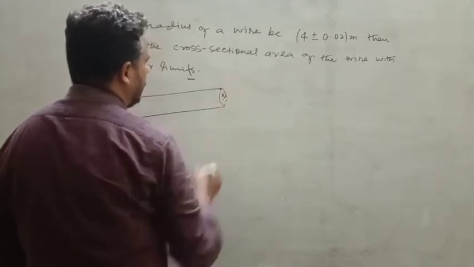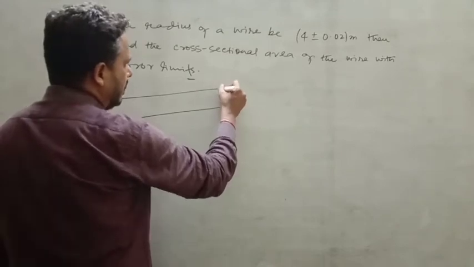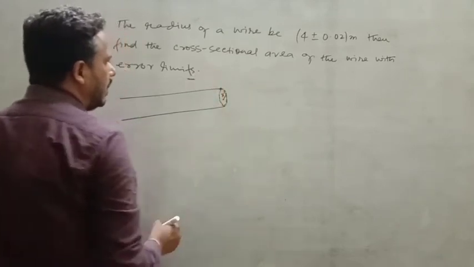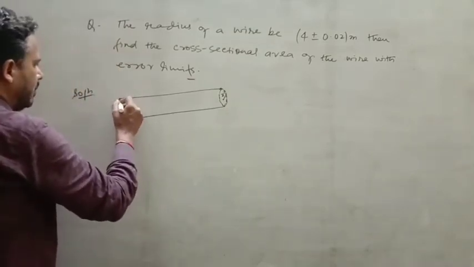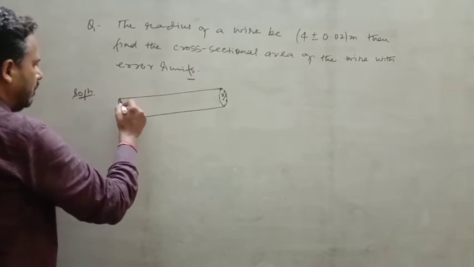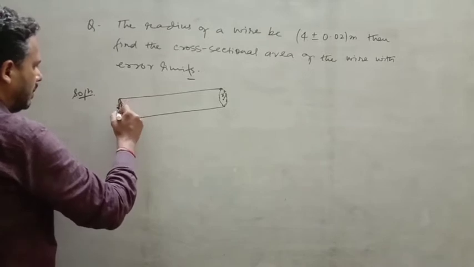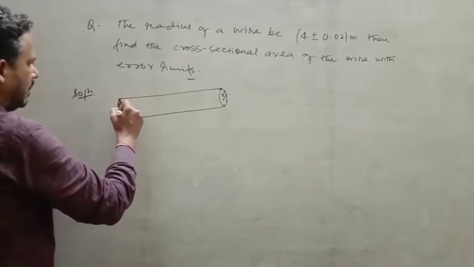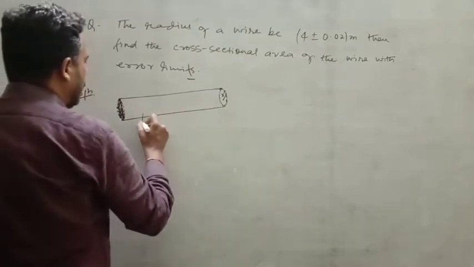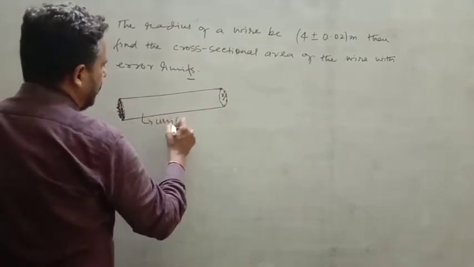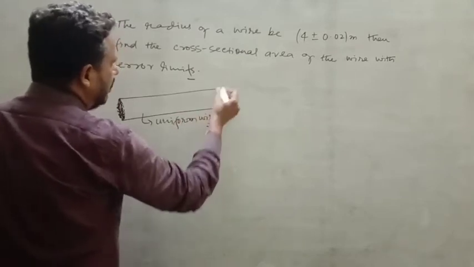Suppose the radius r of this wire, and this wire is a uniform wire, so there will be the same cross sectional area throughout.